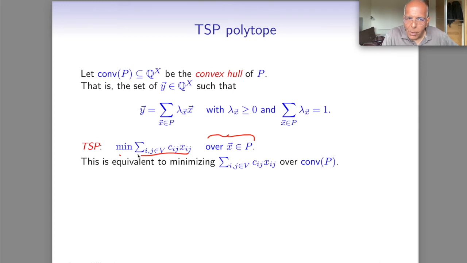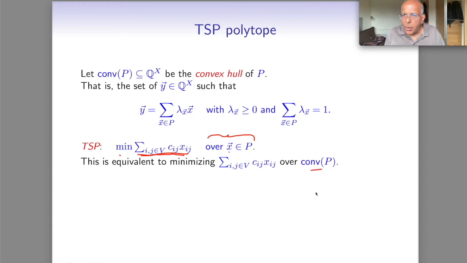But we want to find the minimum cost over all vectors x which are in the convex hull of P. And the convex hull of P, because any convex polyhedron in Euclidean space can be described as a collection of linear constraints. So the traveling salesman problem can be expressed as a linear program.